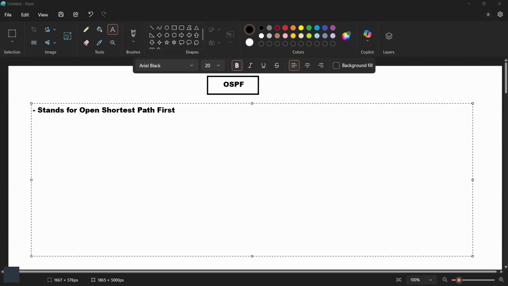Clear? Now, why the name of this protocol is open shortest path first? Reason number one, open standard protocol. So open comes from the open standard. And shortest path first, SPF, comes from that algorithm. Okay. So it uses the algorithm.